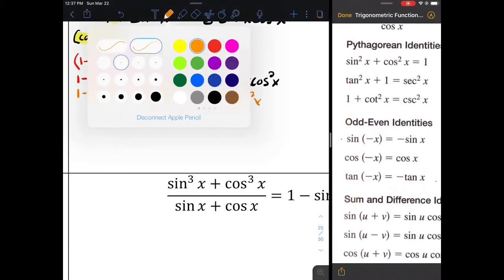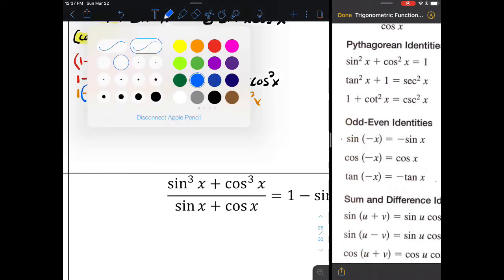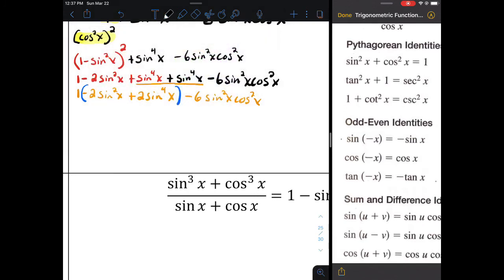And here I'm going to try to pull out a common factor between these two terms right there. So I pull out my common factor, which would be negative 2 sine squared x.